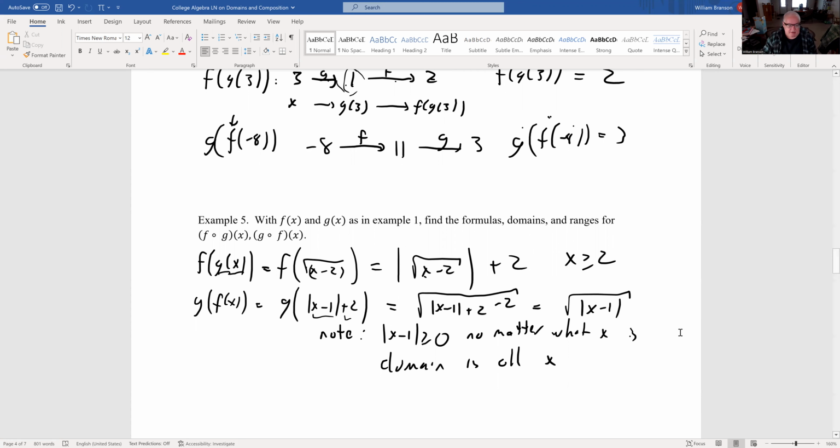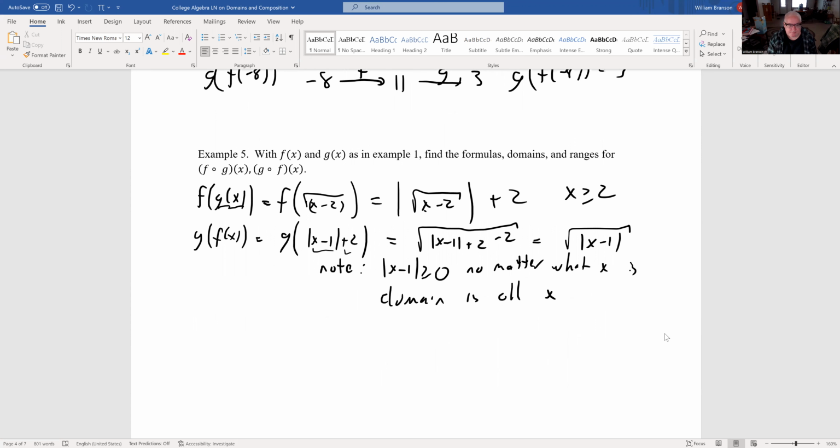The range is a little bit trickier to find. You can find it if you graph it on GeoGebra. But we know about square root functions. The square root of x minus 2 is a square root function moved to the right 2 units.